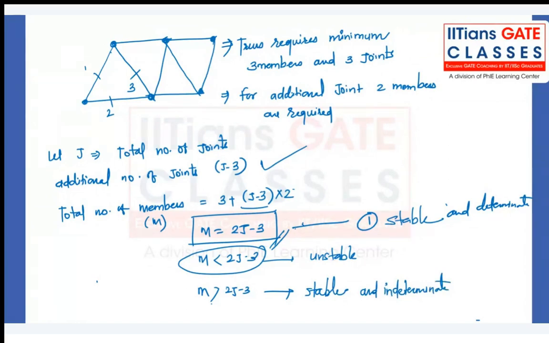Let's take an example: in order to solve simultaneous equations with two variables, how many equations do we need, Ganesh? You need two equations, right? But if I give you more than two equations, what will happen?